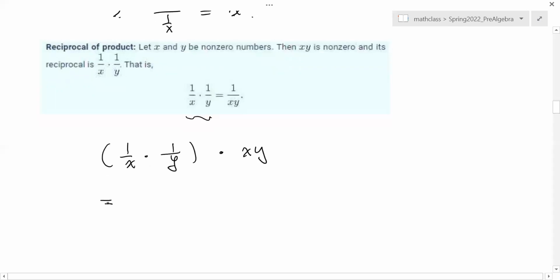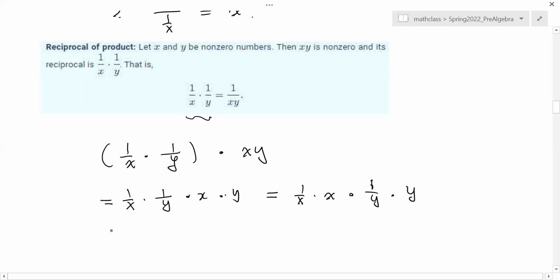You can remove the parentheses: 1/x times 1/y times x times y, by the associative rule for multiplication. Then by the commutative rule, this is 1/x times x, and here 1/y times y. You can switch two terms.